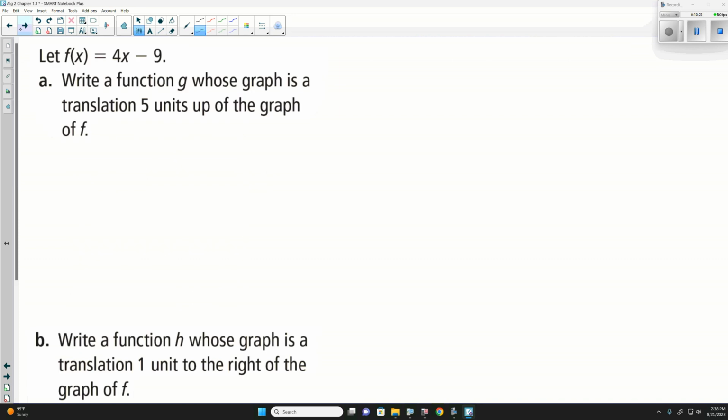They gave us a different function, 4x minus 9. Write a function g whose graph is a translation 5 units up. So which one would we use, f of x minus h or f of x plus k? Which would be?